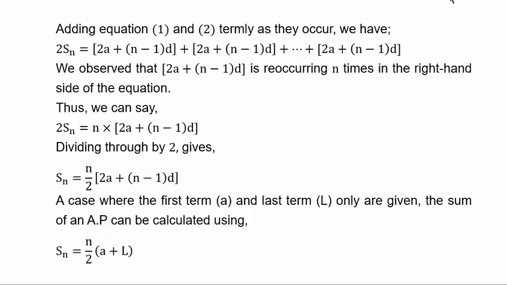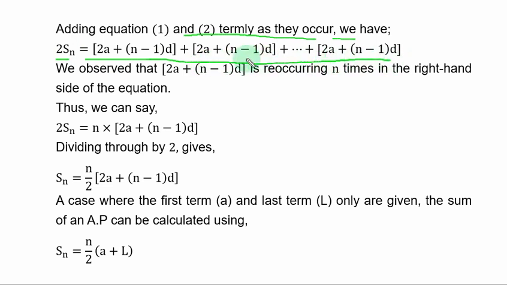Adding equations 1 and 2 term by term as they occur, we have 2 times S sub n. Now you have S sub n in both equations. When you add the 2, it becomes 2 times S sub n. If you add the remaining terms as they occur, you have this equation.